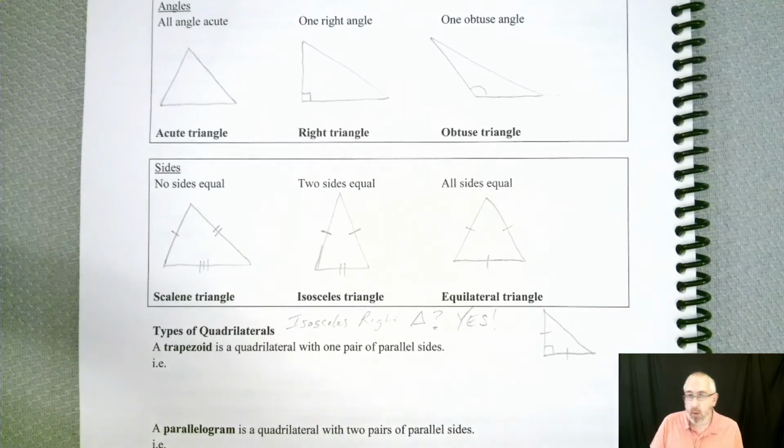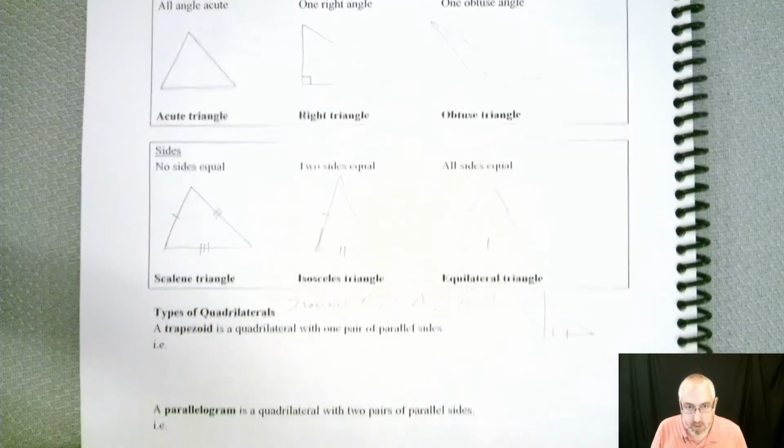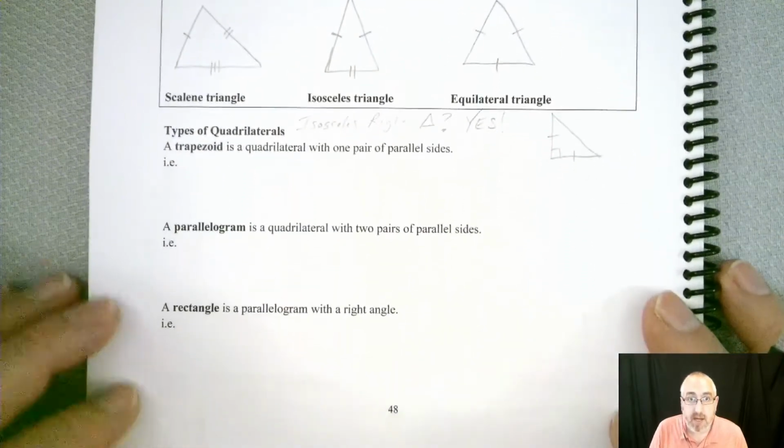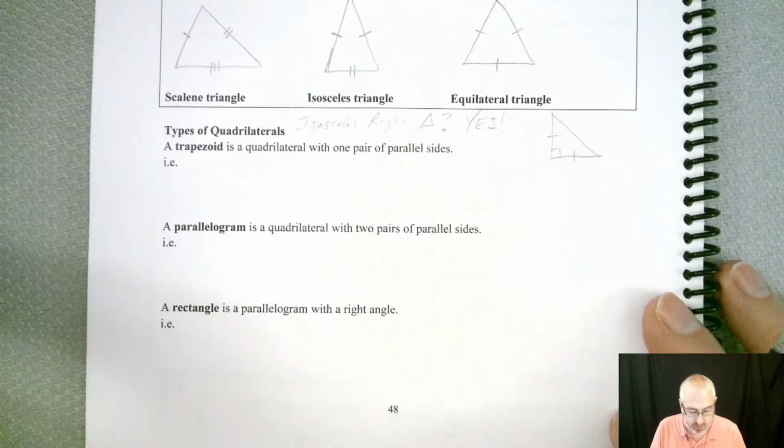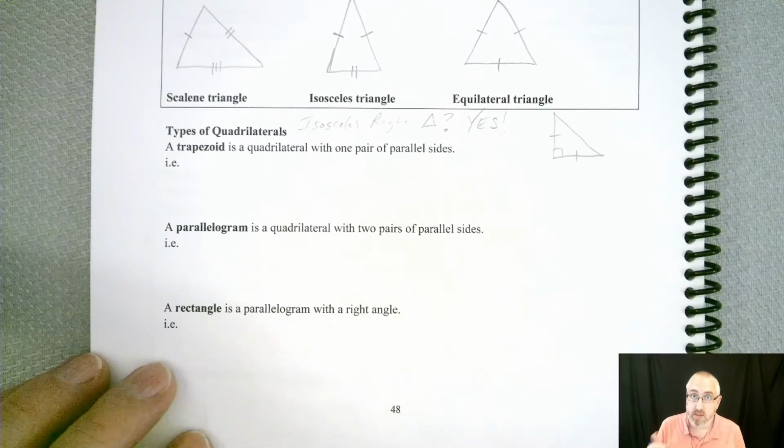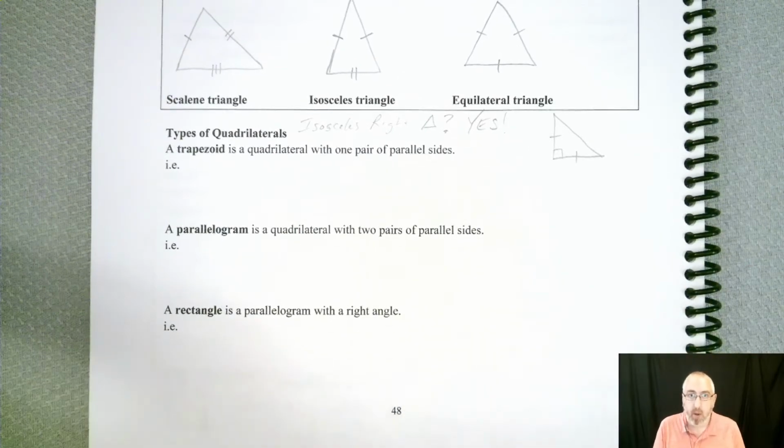Okay, so we're going to look at the next group, and then we're going to look at some properties related to them. The next group of polygons we're going to look at are quadrilaterals. And remember, quadrilaterals are four-sided. Now, the one thing that's not in here is the first type of quadrilateral, which is a general quadrilateral, which has no relationships between any of the sides, no relationships between any of the angles.